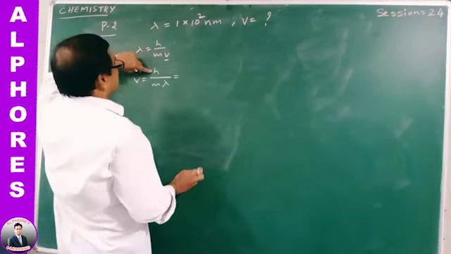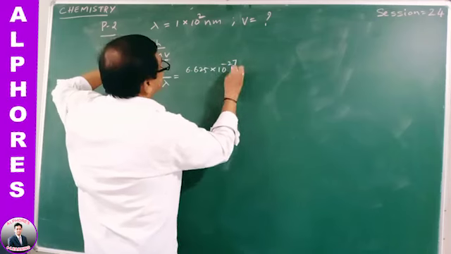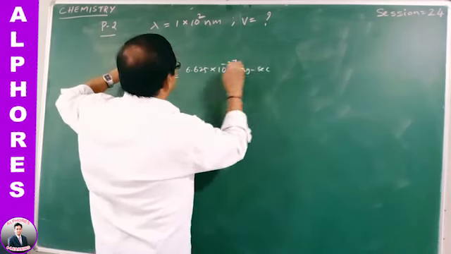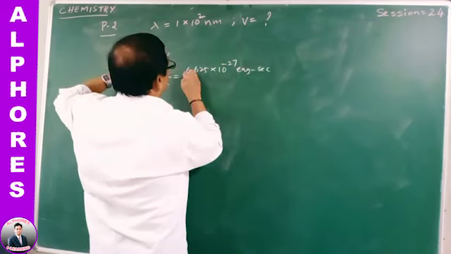Now Planck's constant value is 6.625 into 10 to the power minus 27 erg seconds, divided by the mass of the electron, which is 9.1 into 10 to the power minus 28 grams, into lambda.